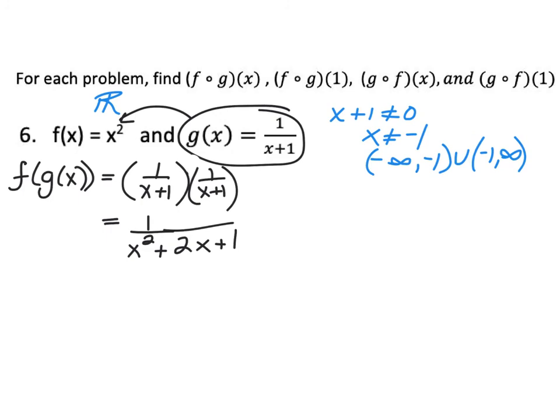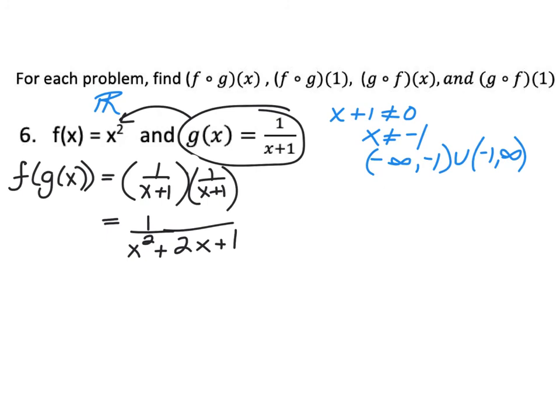So my inside domain was negative infinity to negative 1, and I need to consider if I have anything new. Well, the denominator here, again, anything that would cause the denominator to become 0, I have to restrict. Well, the only thing that's going to cause this would be negative 1 in both cases, because there's 2 factors in the denominator.